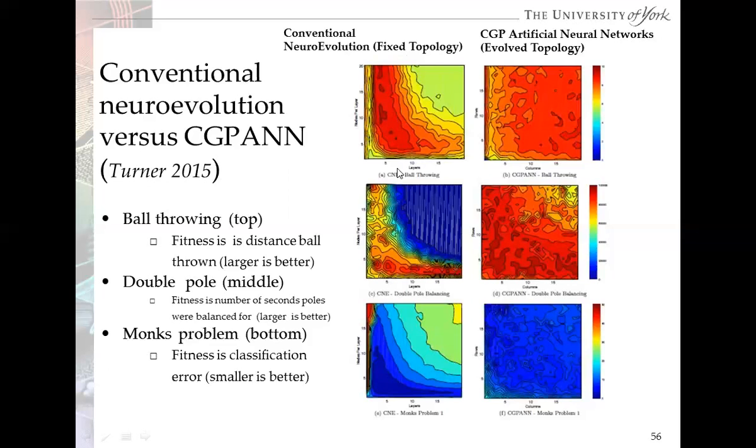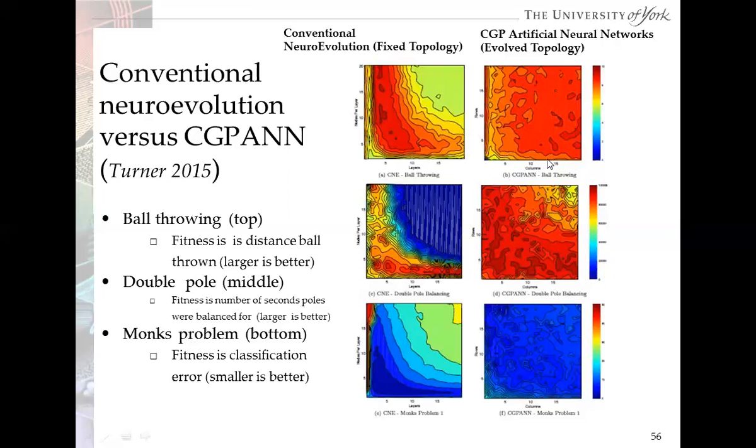So we did standard neuroevolution with a fixed topology using different numbers of nodes per layer and layers, and he compared that with CGP-encoded artificial neural networks using various rows and columns. The most interesting thing is that with CGP you get good results irrespective of the number of columns and rows.